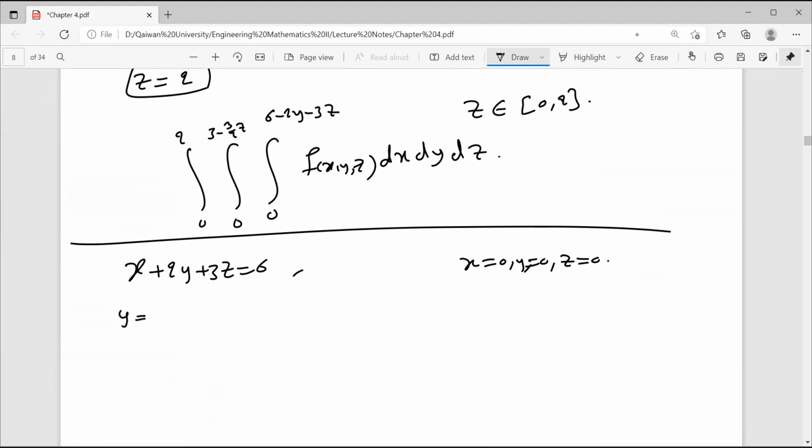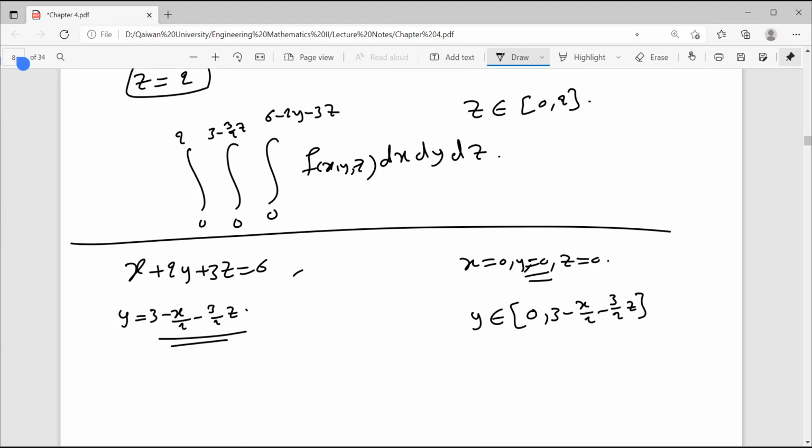From this, y equals 3 minus x over 2 minus 3 over 2 z. We move x and 3z to the right-hand side, and then dividing both sides by 2, we get it. And then we say y belongs to what? y is 0 here, and y is this function.